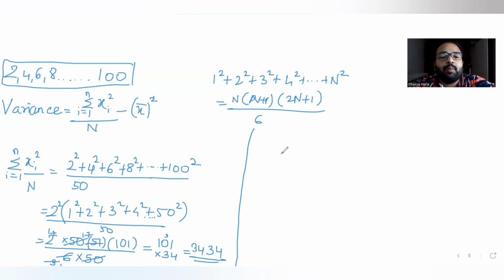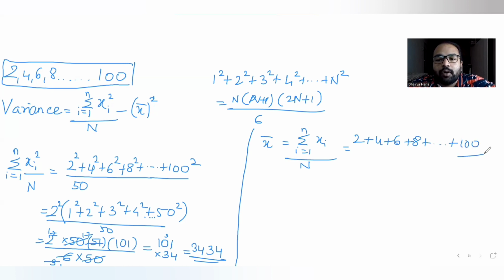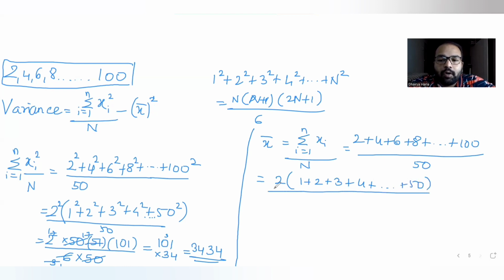Now let's calculate the mean of the list. So x bar is what? Summation of all the terms from 1 to n divided by n. So if I add all the terms, I have 2 plus 4 plus 6 plus 8 till 100 upon the number of terms, which is 50. If I take 2 common from the entire list, I have 1 plus 2 plus 3 plus 4 till 50 upon 50, times 2.